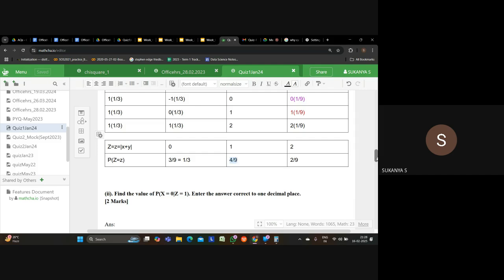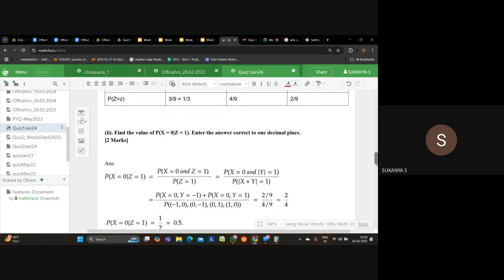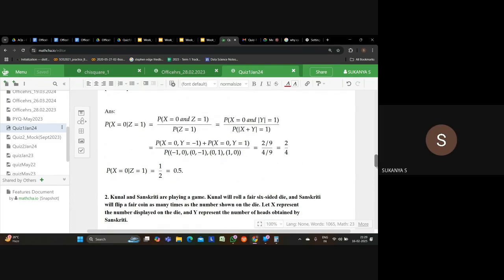X is equal to 0 in these three cases, and Z is equal to 1 in these two cases. So the numerator is 2 by 9, divided by 4 by 9. It's going to be 2 by 4.